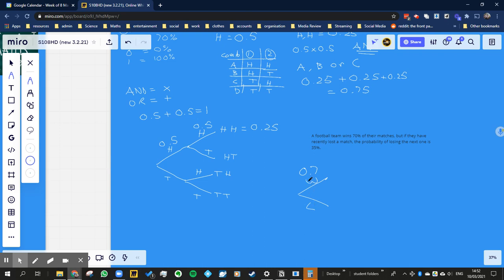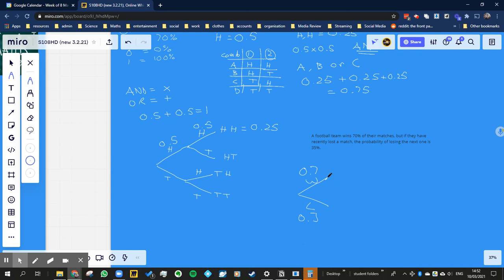They're either going to win or lose. Could they draw? Let's pretend that in this game, let's pretend it's not a football match, they can't draw. Let's say there's a penalty shootout, which means that no drawing is possible. So the probability of them losing is 0.3.